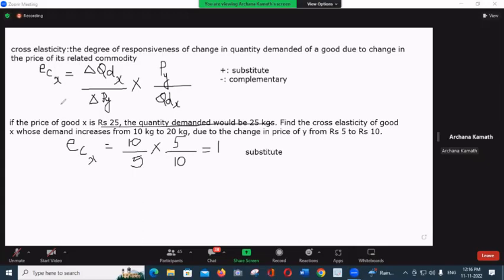The first sentence is given for the sake of creating confusion so that you get a wrong answer. First statement is an unwanted one. It is only telling you that when the price of X is 25 rupees, the consumer is purchasing 25 kgs of that commodity. But how to calculate cross elasticity?